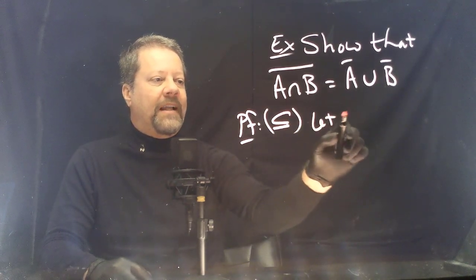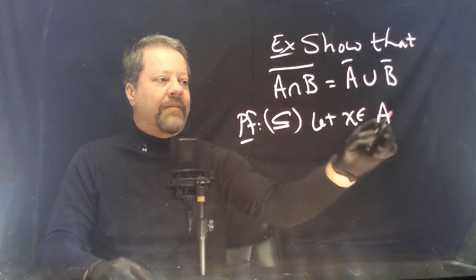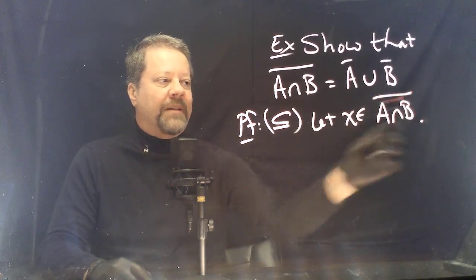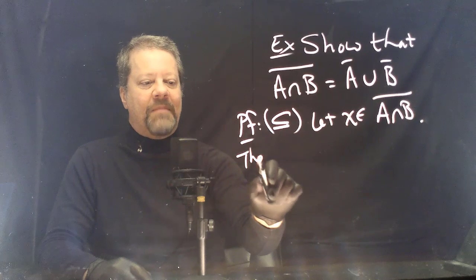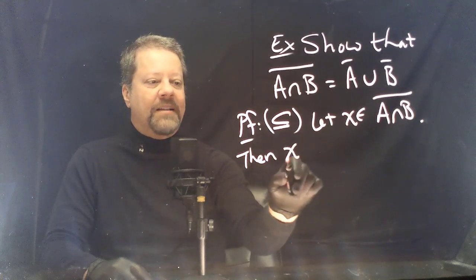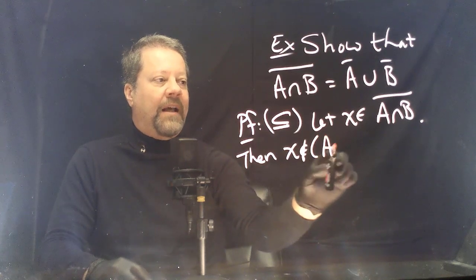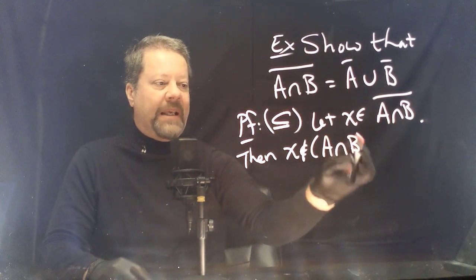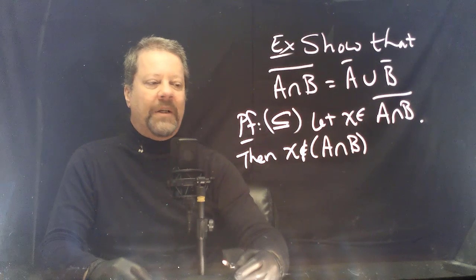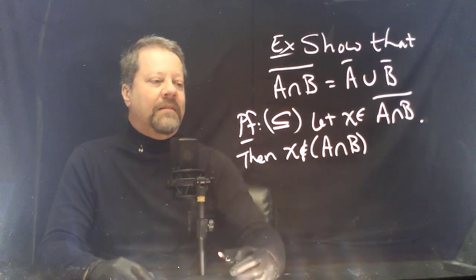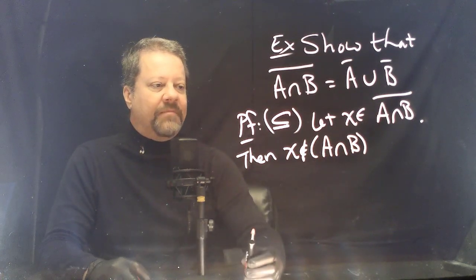We'll say let X be an element of A intersect B complement. What does that mean? That means X is not an element of A intersect B. Well, what kind of things are in A intersect B?